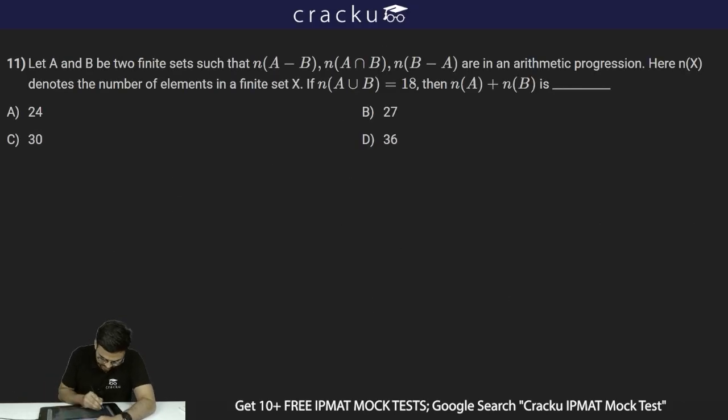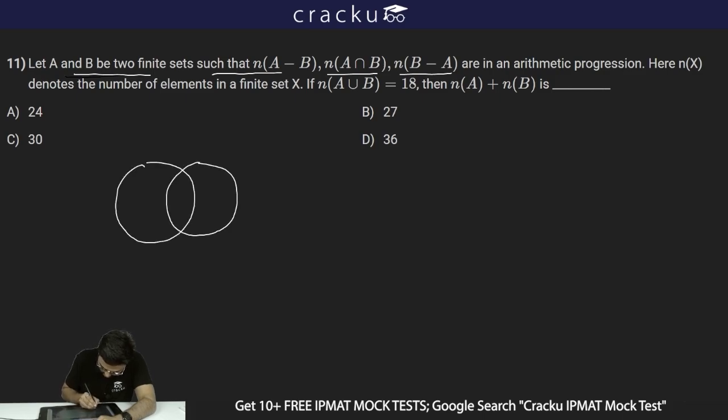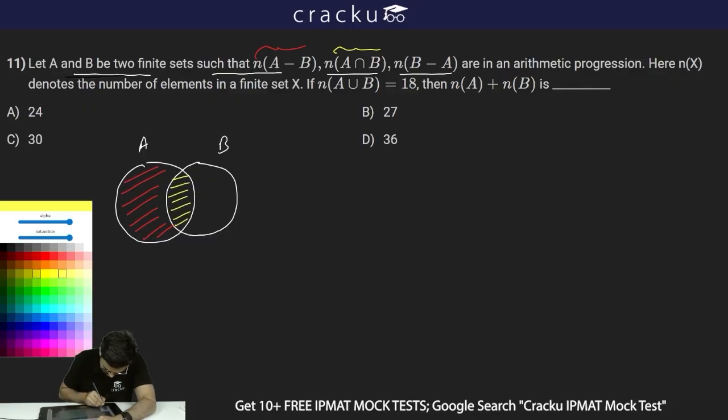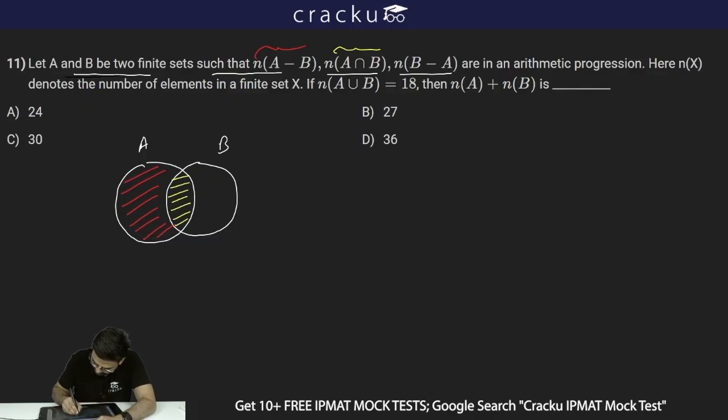In this question it is given, let A and B be two finite sets such that n(A minus B), n(A intersection B) and n(B minus A) are in an arithmetic progression. So if I draw this diagram, this is A, this is B, so my A minus B will be this part, then my A intersection B will be this part, and B minus A will be this part.